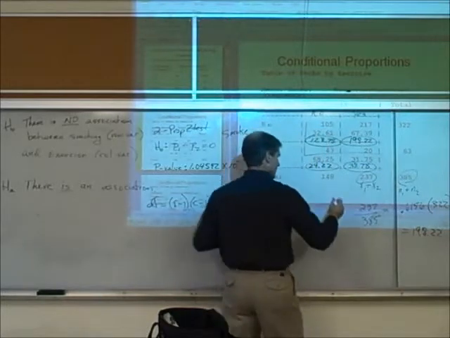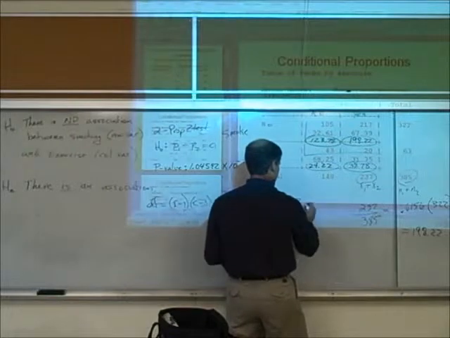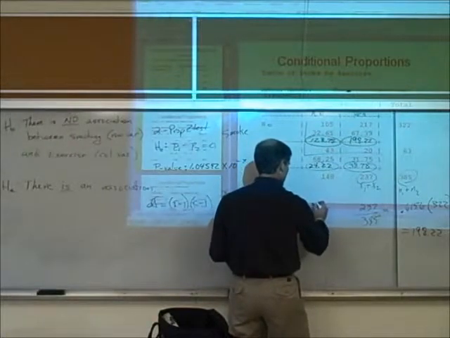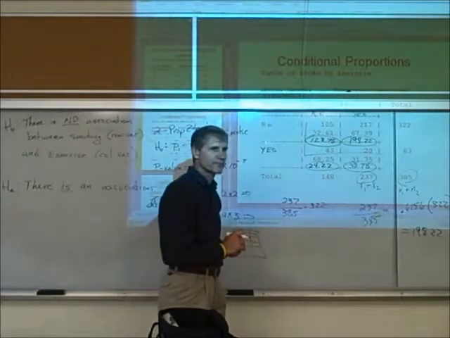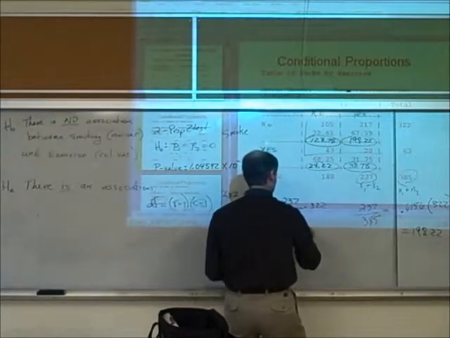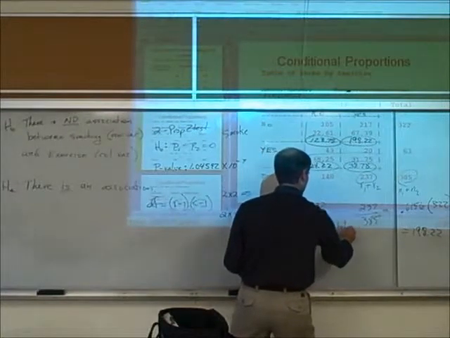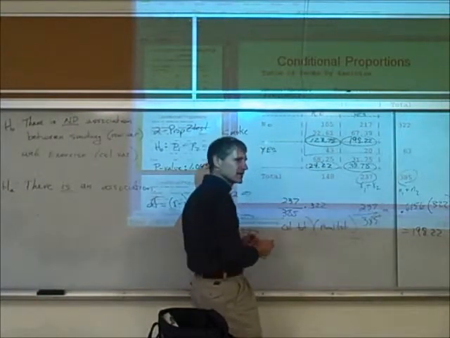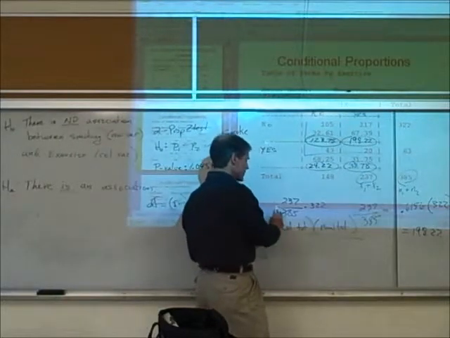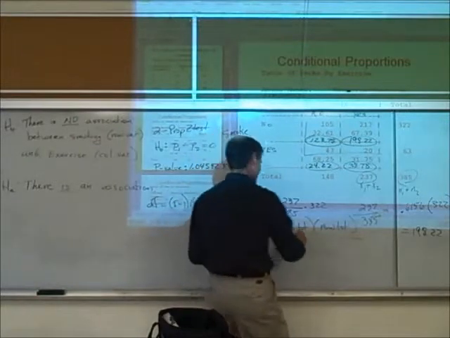So what I did was I took 237 over 385 times 322. And that's the column total times the row total divided by the whole total, which we call the grand total.